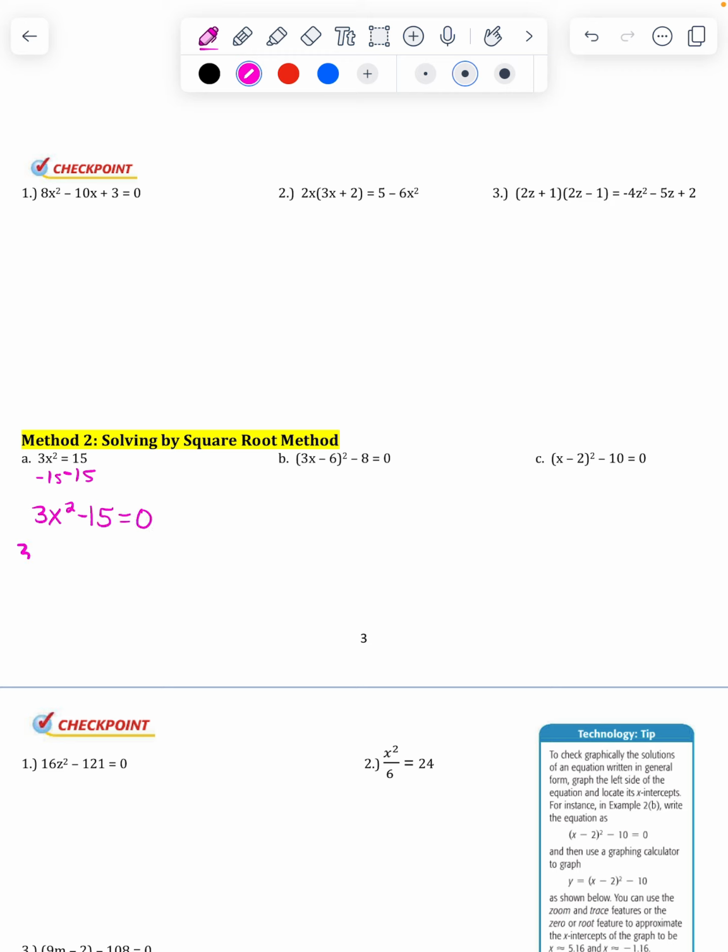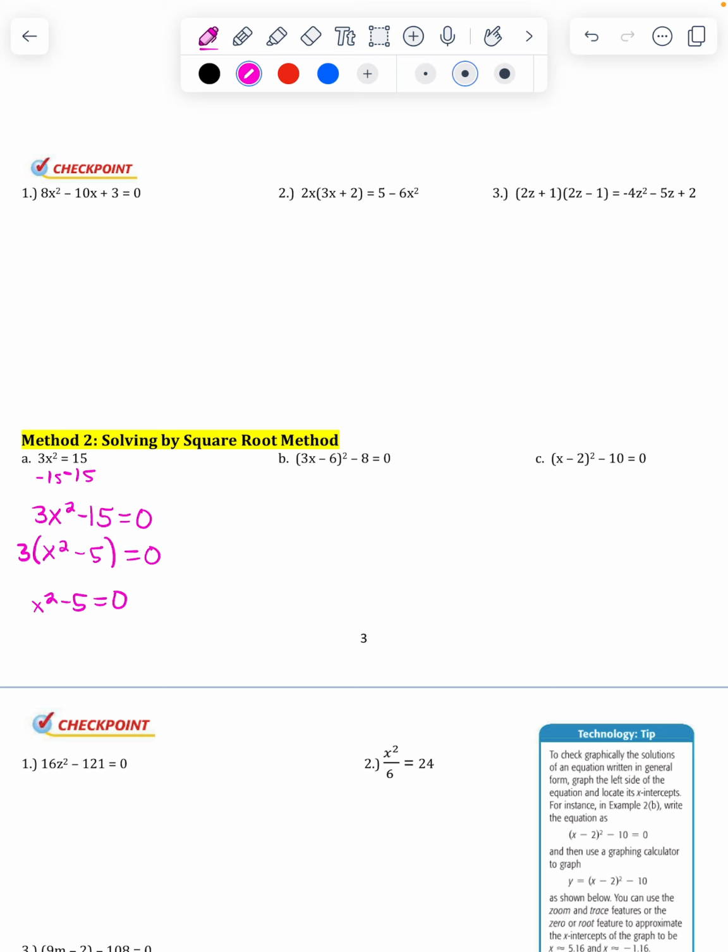This would be like a greatest common factor. I would take out 3, I would get x squared minus 5 equals 0, and then I would set these separately equal to 0, but the 3 wouldn't really do anything, so I would have to just take x squared minus 5, set that equal to 0, and then solve that. This cannot be factored any further.